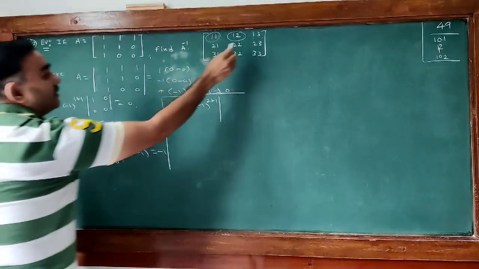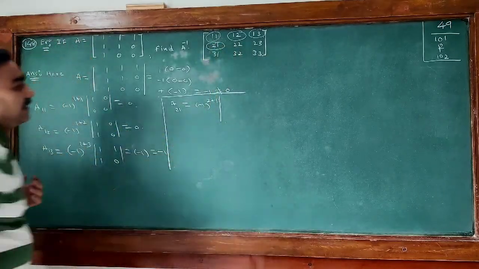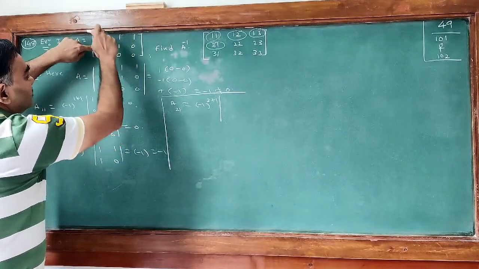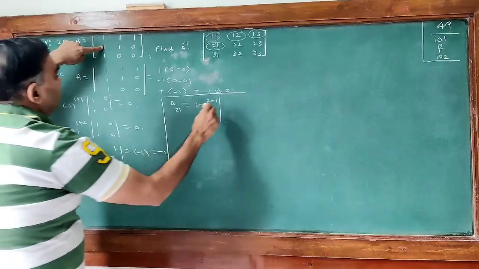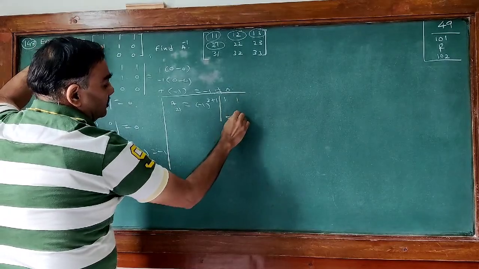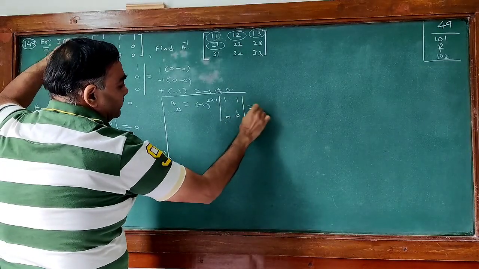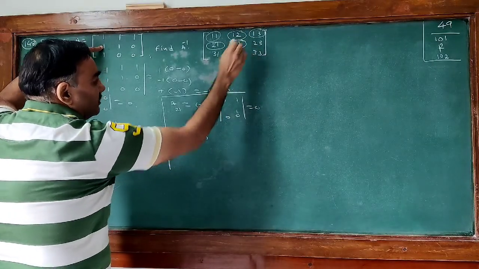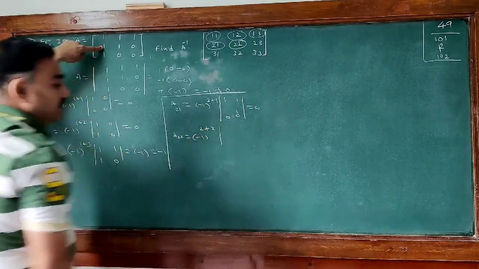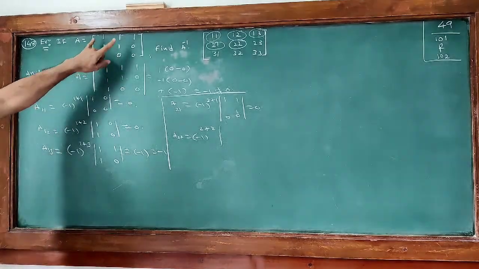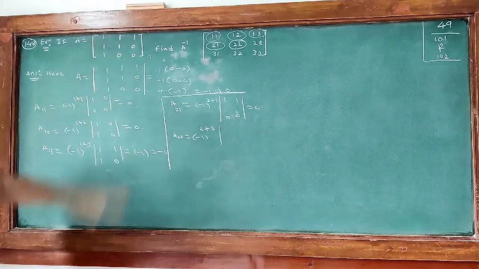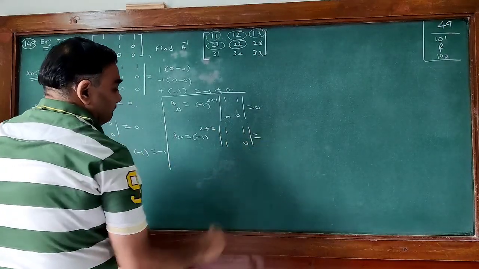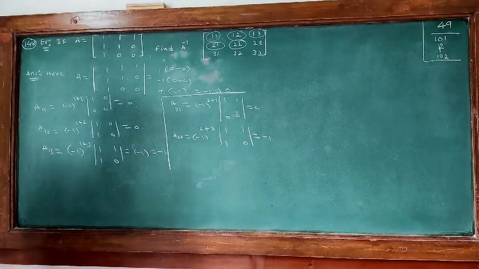We are not taking this row and this column, so it is 1 1, 0 0. So the answer is 0. A22, second row second column: we are not taking this column and this row, so it is 1 1, 1 0. So it is minus 1.